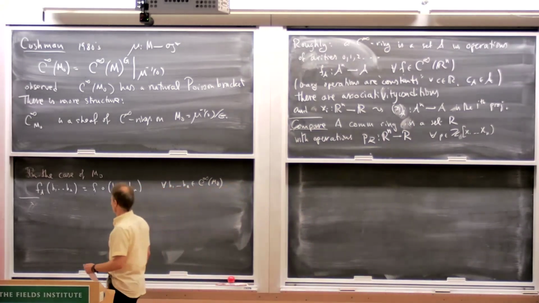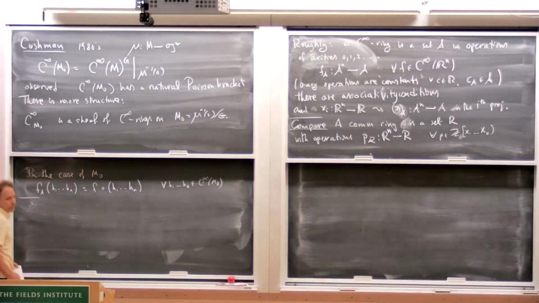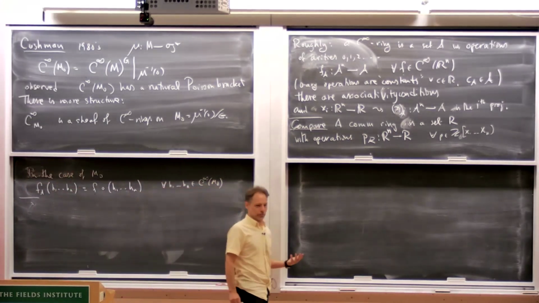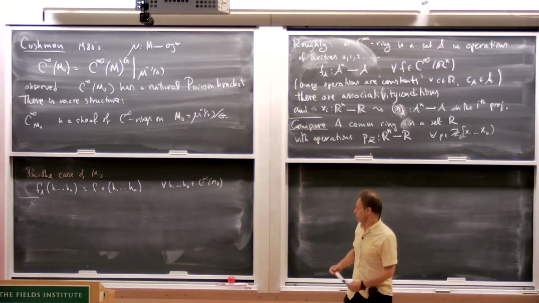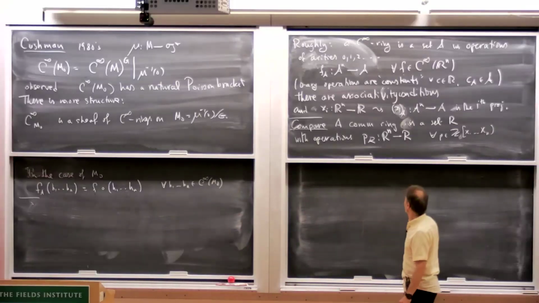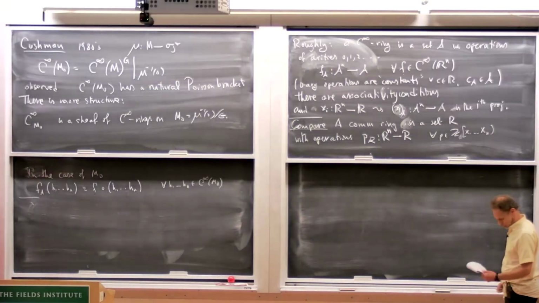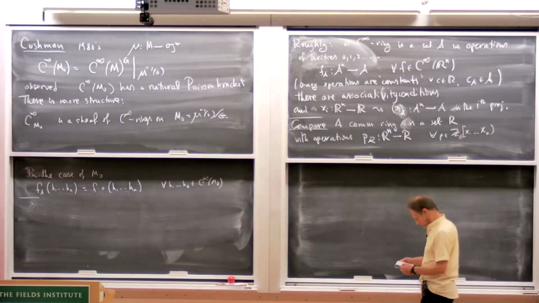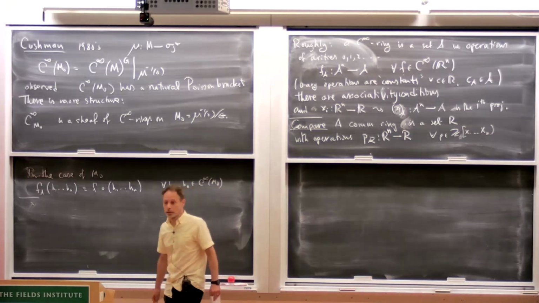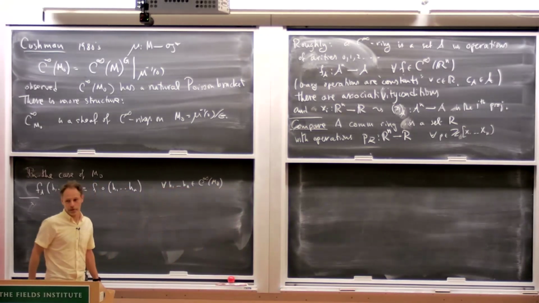Right, and another remark, so if this guy happens to be a manifold, the smooth functions on a manifold also have a structure of a C-infinity ring. And the definition is this. Here's the structure. Right, and for those of you who like operads, there are no operads here.